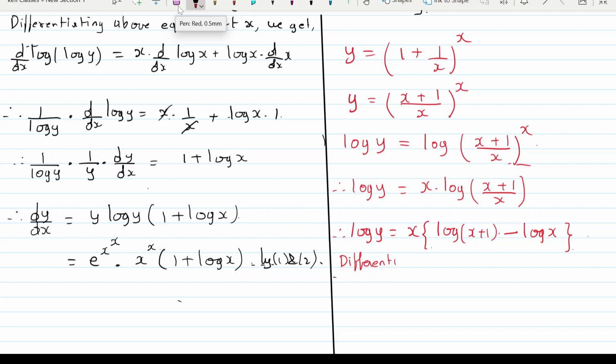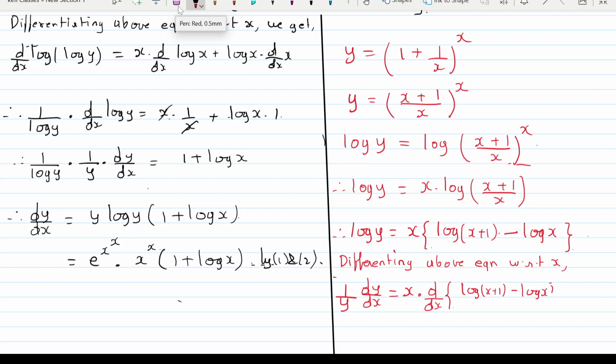So differentiating the above equation with respect to x, we'll get 1 upon y dy by dx is equal to x into d by dx of (log of (x plus 1) minus log x).